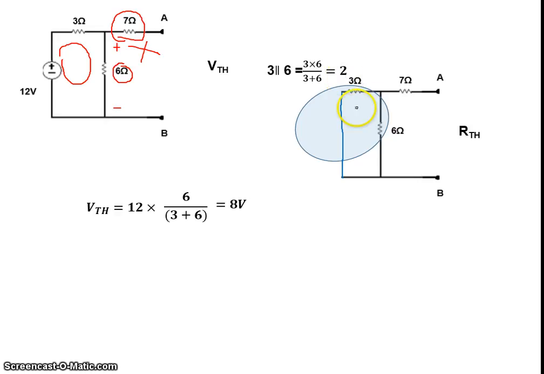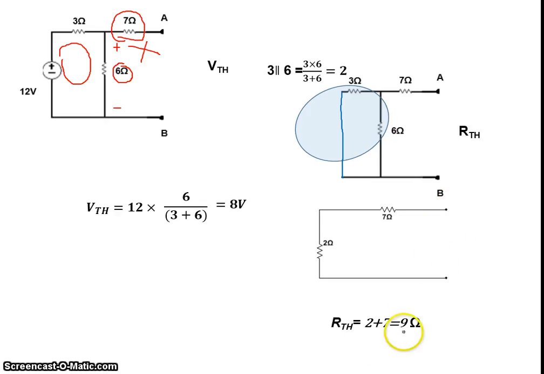So now the circuit can be represented like this, where 2 ohm represents the total value of 6 and 3 connected in parallel, and that is in series with the old 7 ohm. So now you can see that 2 ohm and 7 ohm are connected in series. So the total resistance at the terminal A and B can be calculated just by adding the two values.